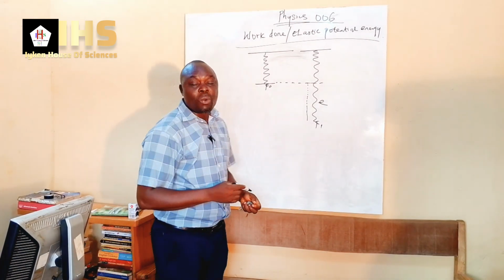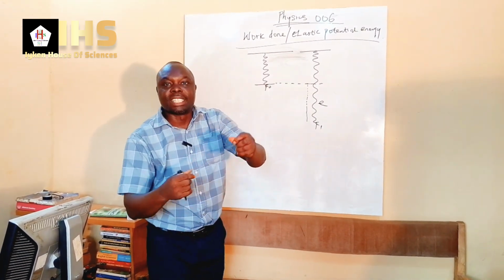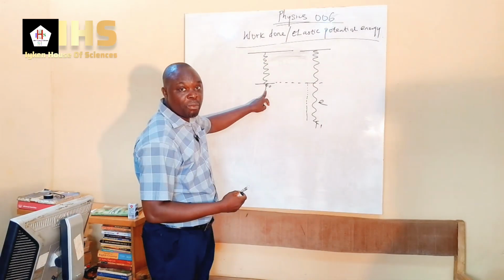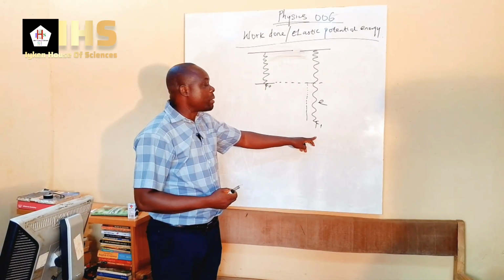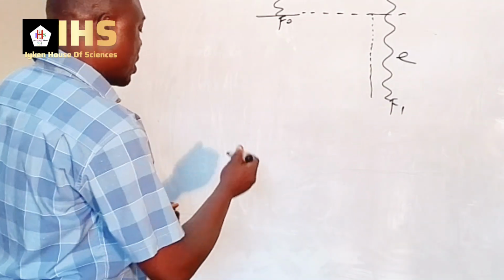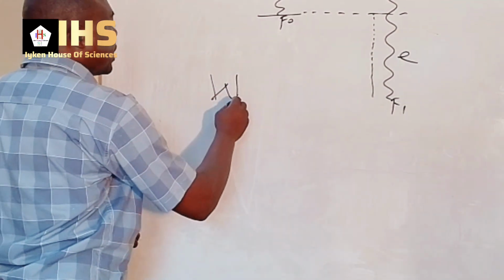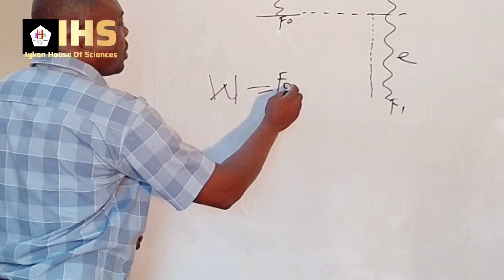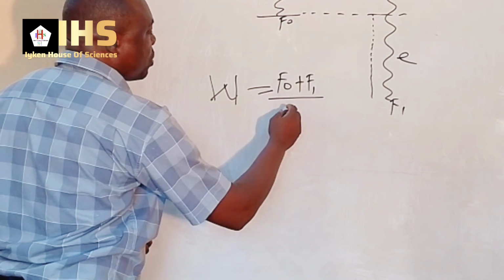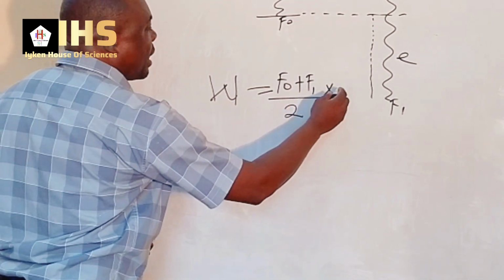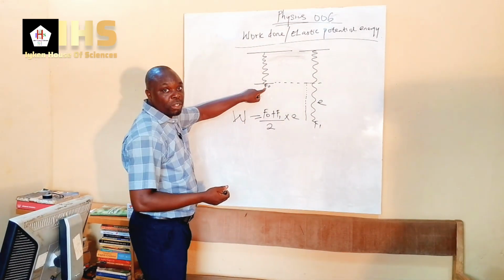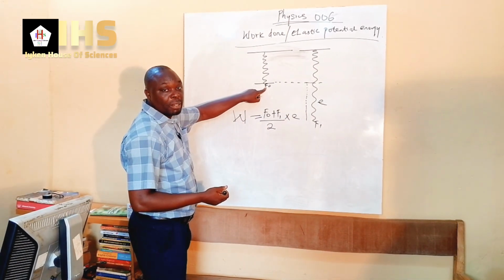If you are to find the work done in stretching this, the work done is going to be the average of this force, F0 and F1, multiplied by the extension E. So the work done in stretching this is equal to F0 plus F1 all over 2 multiplied by the increase in length. This F0 is 0, that's the initial force, the beginning of the force.